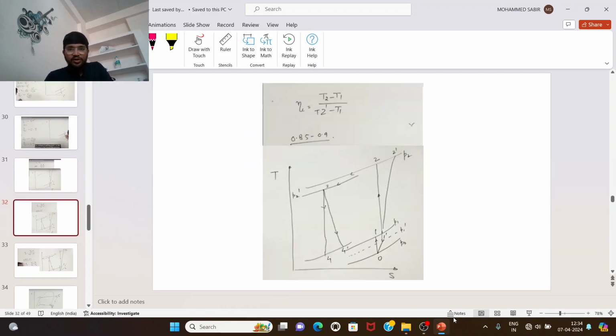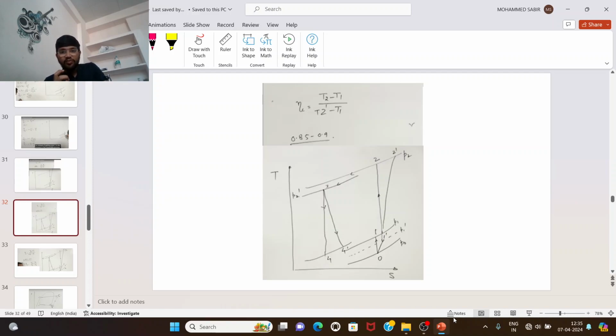Now coming to P1 to P2, T2 dash minus T1 and T2 minus T1 give the isentropic efficiency of the compressor.